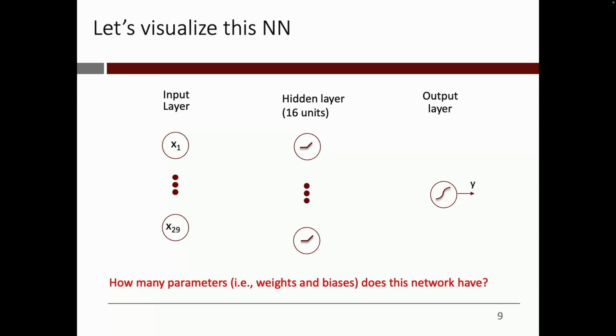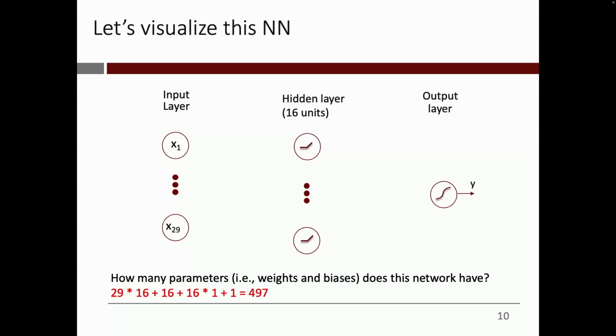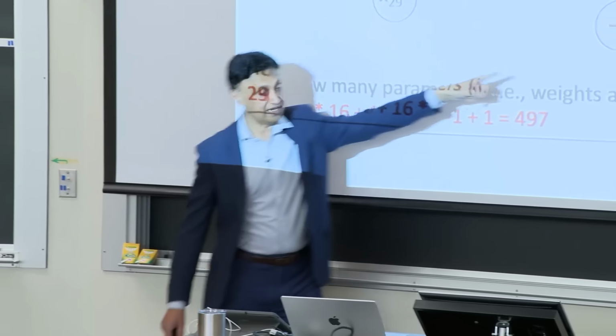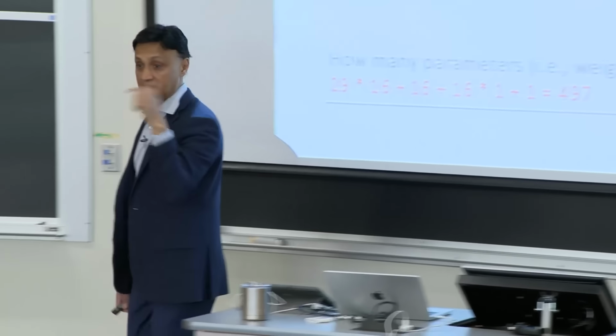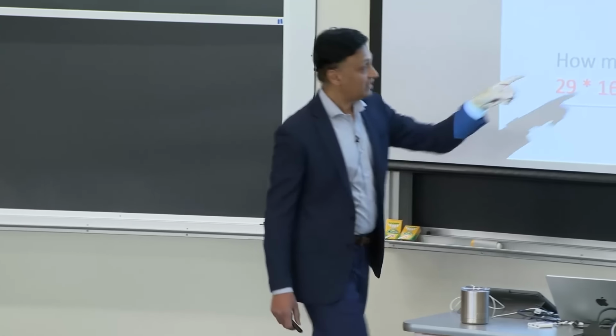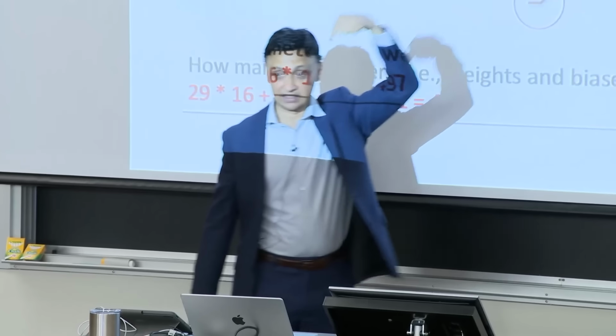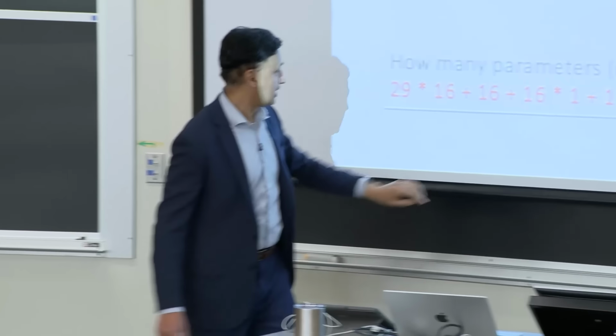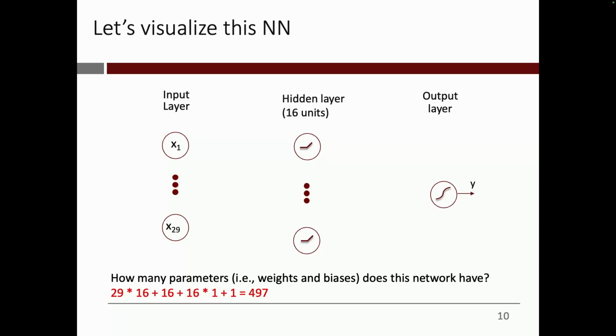Right. So the way it's going to work is we have 29 things here, 16 in the middle, so 29 into 16 arrows. And then for each of these, there is a bias coming in. So that's another 16. Plus, you have 16 times 1, which is here, plus there is 1 bias for this one. So the total is 497.